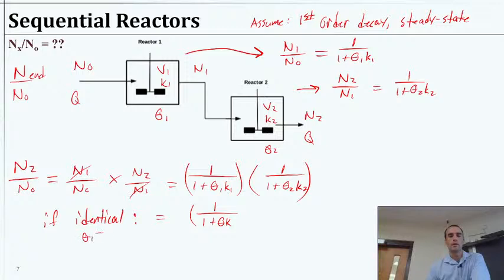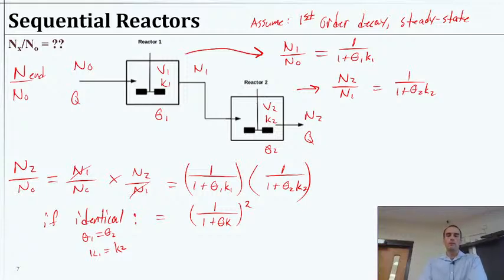That's theta 1 equals theta 2 and K1. That might not always be the case, but if that happens, then this is just 1 over 1 plus theta K squared. So it becomes pretty convenient, pretty simple to combine them that way.